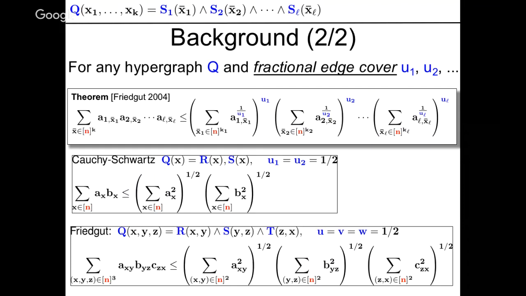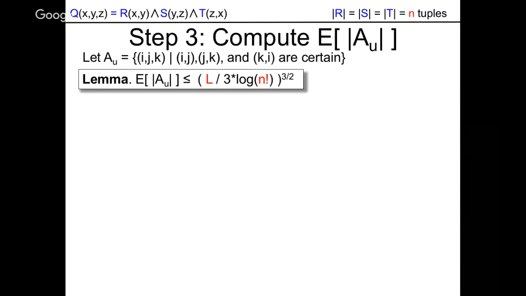Quite cool. Good. So finally, we have all the ingredients and we can put them together to prove our upper bound. The formal statement, the lemma that we need, which almost brings us to the theorem, is that for any fixed server, the expected number of triangles that server can report is at most the load that we allow that server to have, divided by 3 log n, to the power 3/2.